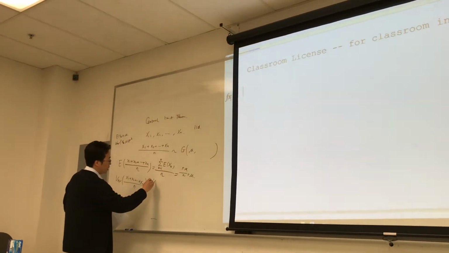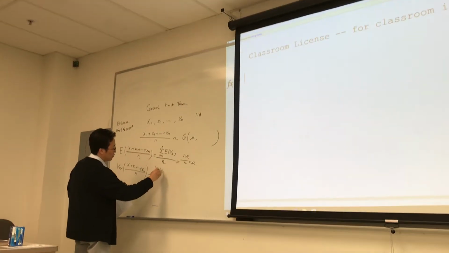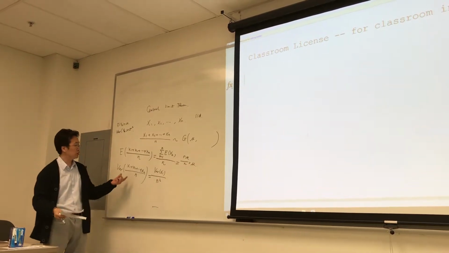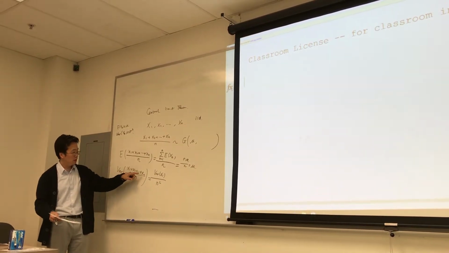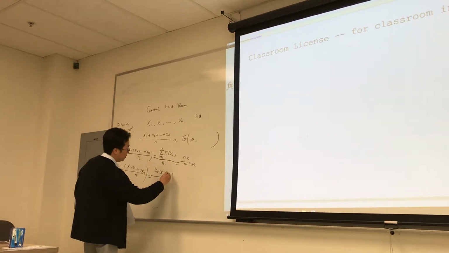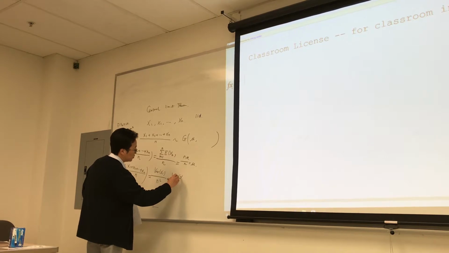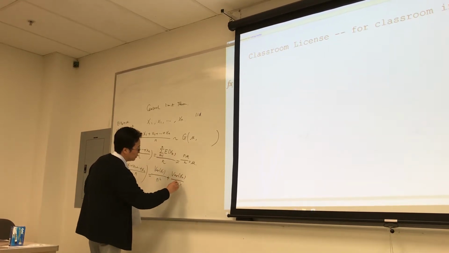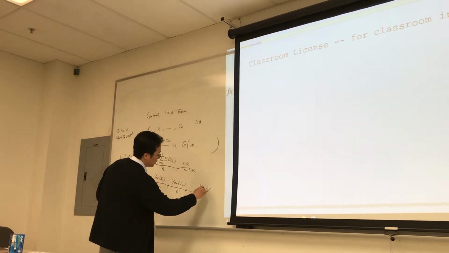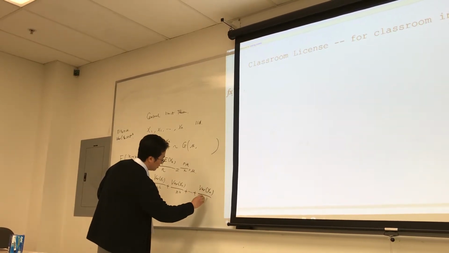Equal to, say, variance of x1 over n squared. Again, this is because these n random variables are independent. So plus, say, variance x2 over n squared plus blah blah blah variance xn over n squared.